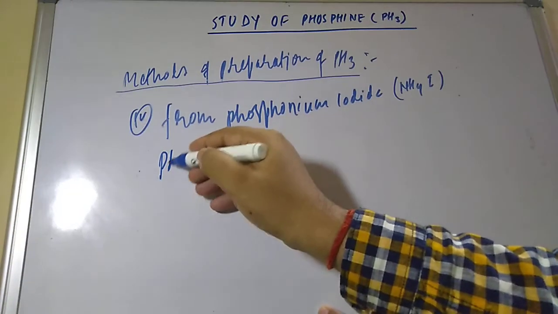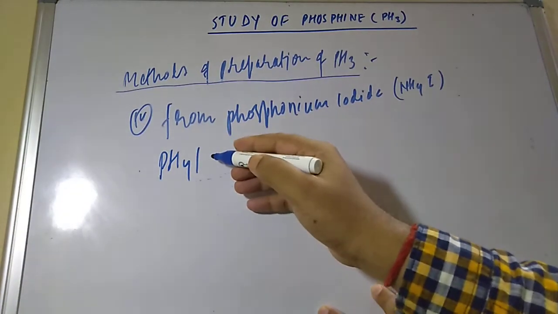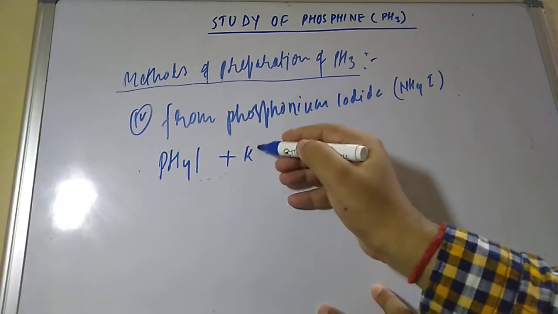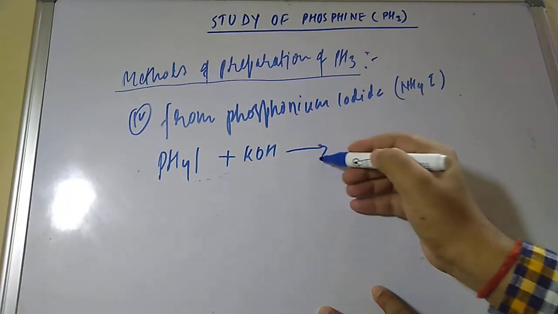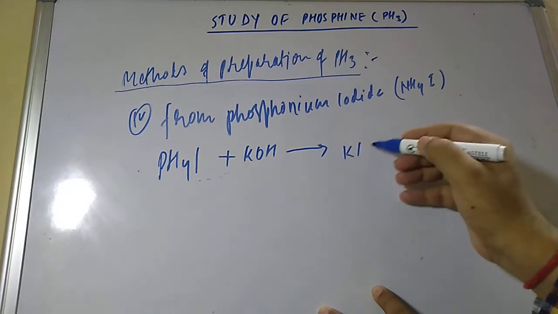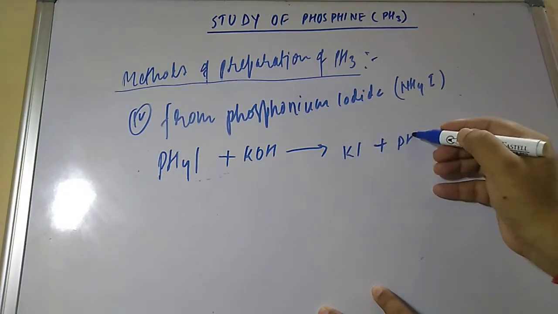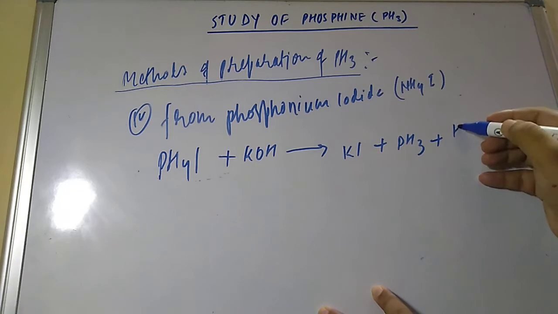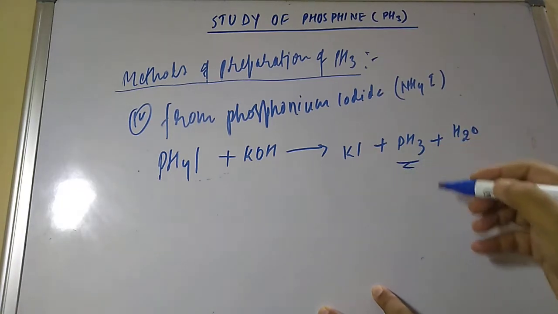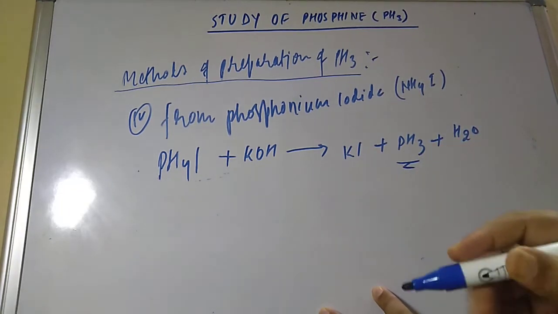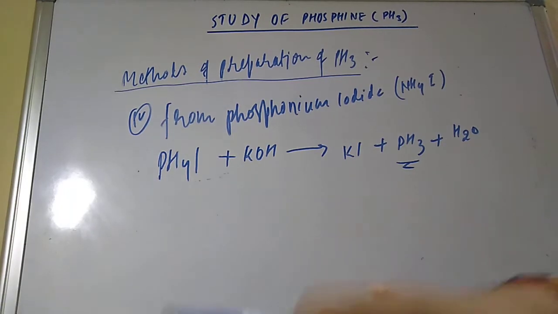So this is PH4I, treated with KOH. What will it give? It will give KI plus PH3 plus a water molecule. So this is phosphine. Okay, now let us move to the properties.